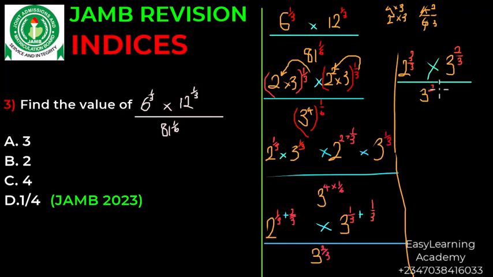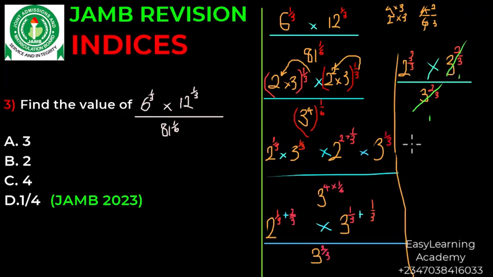All right, you need to look at something very interesting here. We have 3 raised to the power 2 over 3 as the denominator here, and we also have 3 raised to the power 2 over 3 as the numerator here, so they can all cancel out. That is done.